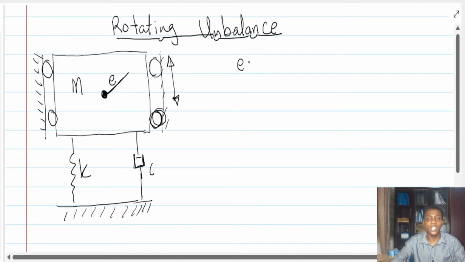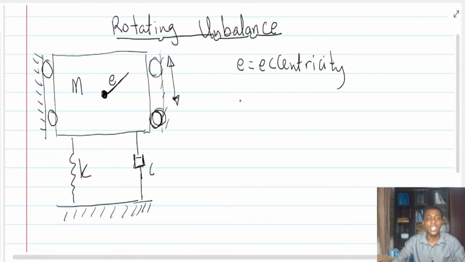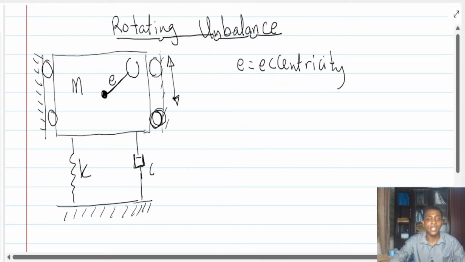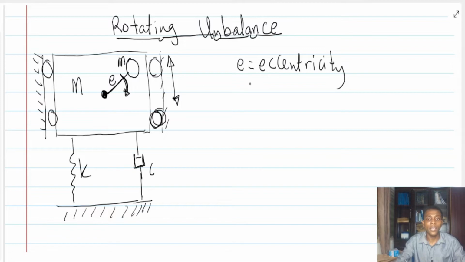So E is called eccentricity. Eccentricity simply means the distance away from the axis of the shaft where I attach a small mass. So let's say this small mass is M. And this small mass will be rotating with a certain frequency called omega.